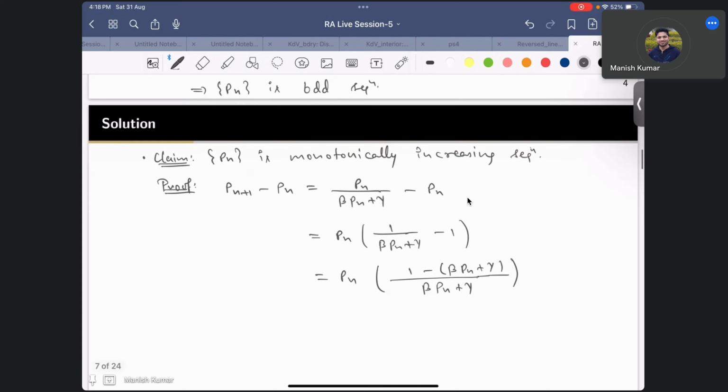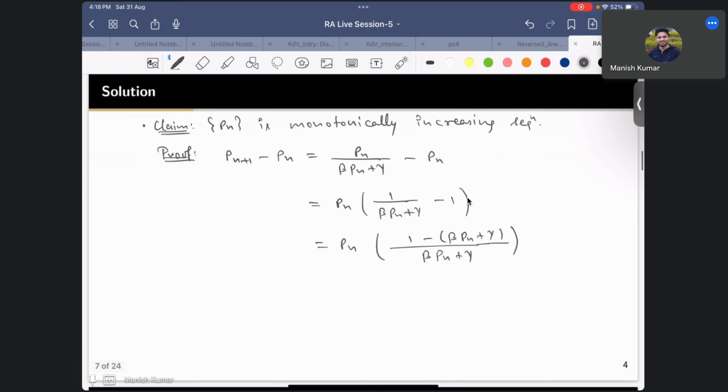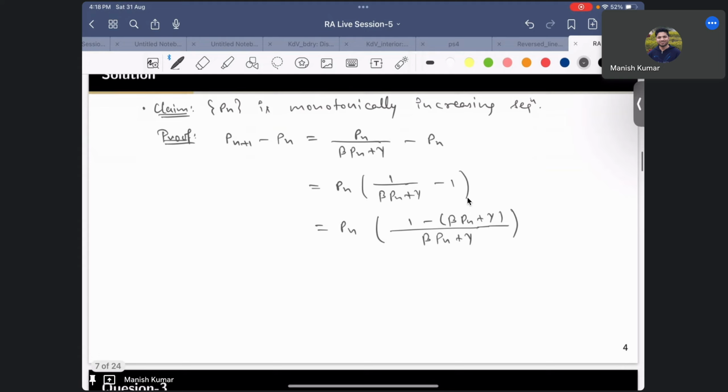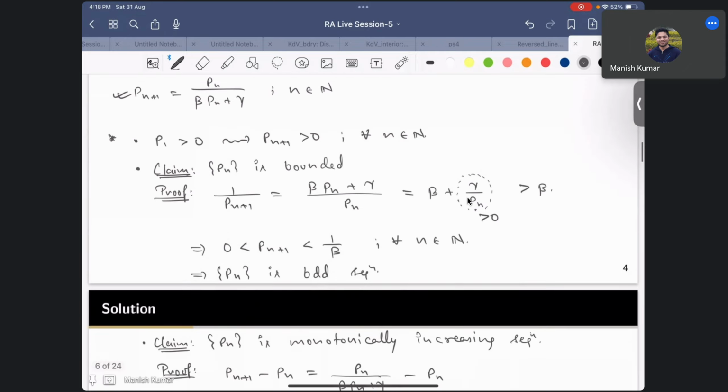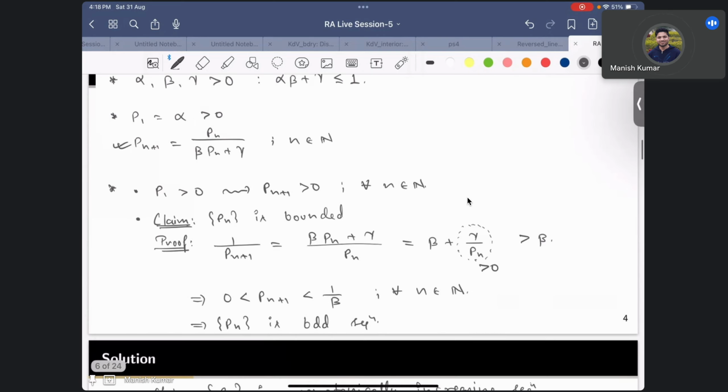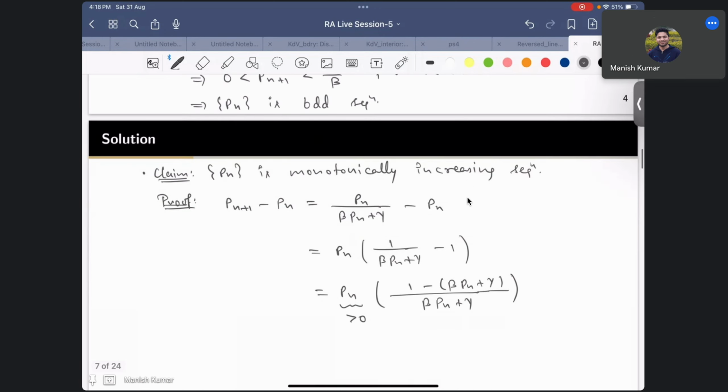Now if you look here, this Pn we know is strictly greater than 0, correct? And now I think I'll have to use some condition over here.